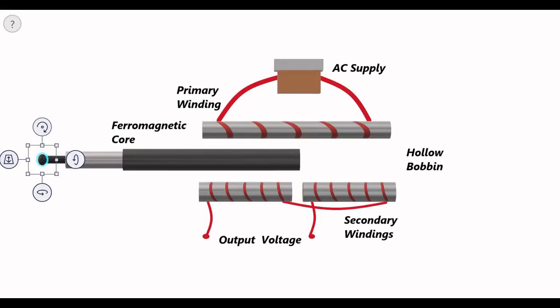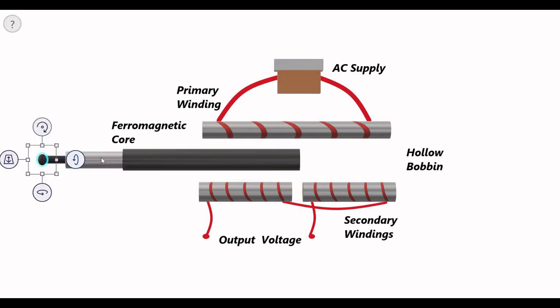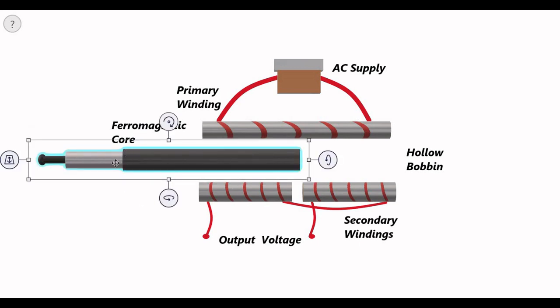So let us try to understand the working of the LVDT level measurement technique using a three-dimensional perspective. This is the basic LVDT arrangement. We have the ferromagnetic core here, and this is the movable portion.